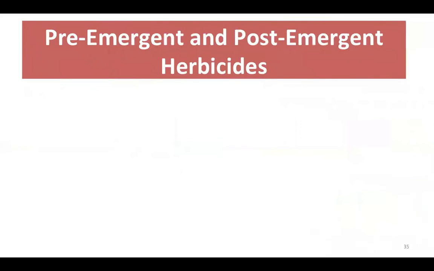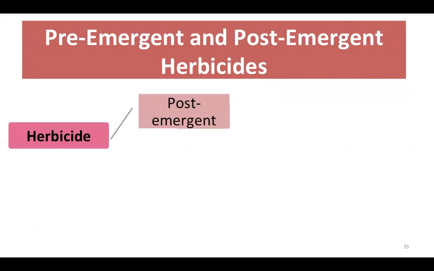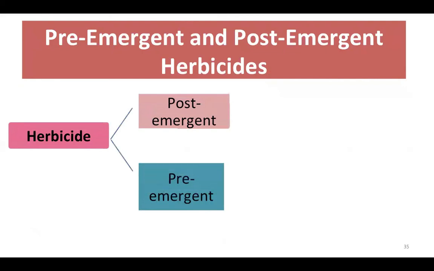On the basis of two important classes, herbicides can be divided into pre-emergent and post-emergent herbicides. I will discuss these in detail in the next lecture. Here you can see only a summary of the two most important classes of herbicide. The first is post-emergent and the second is pre-emergent.